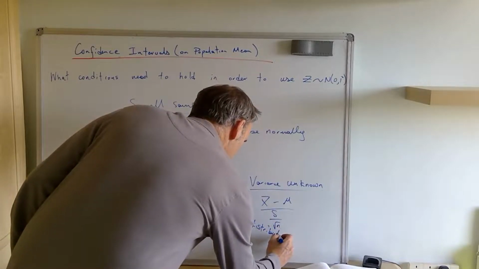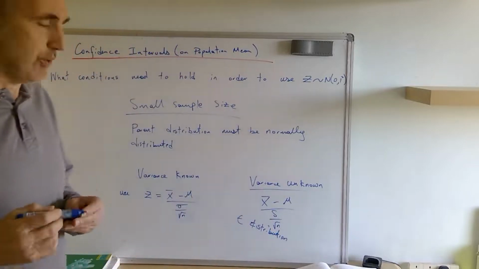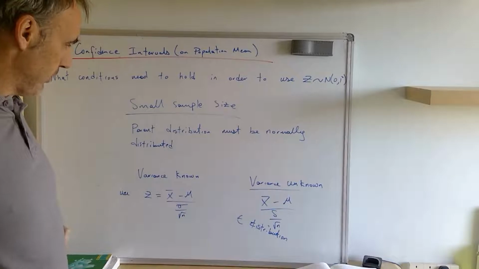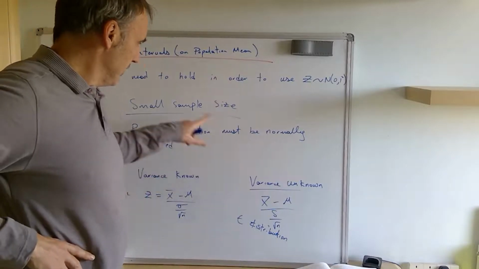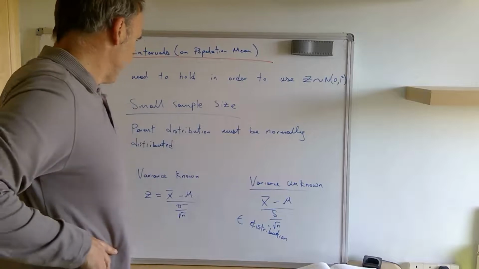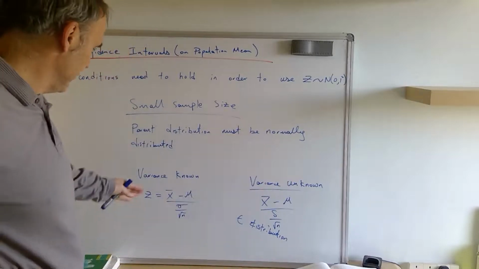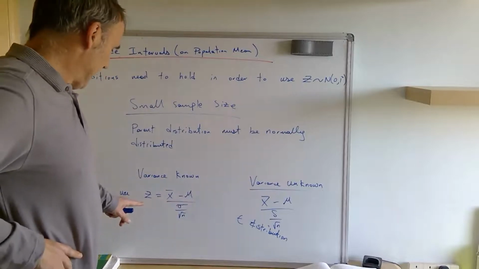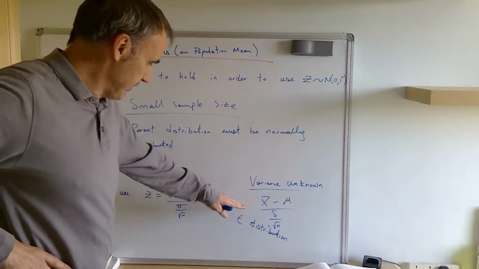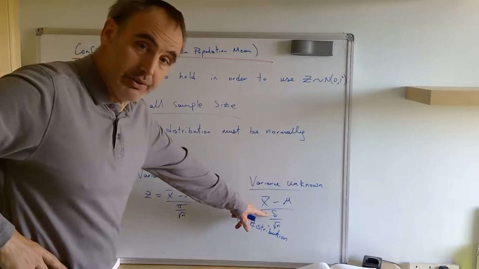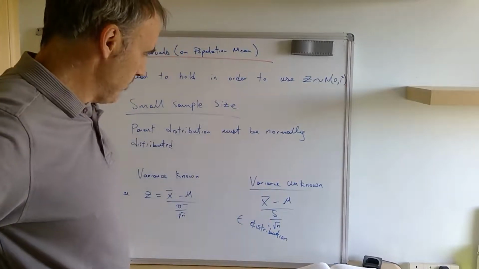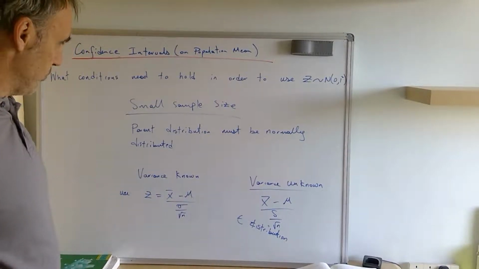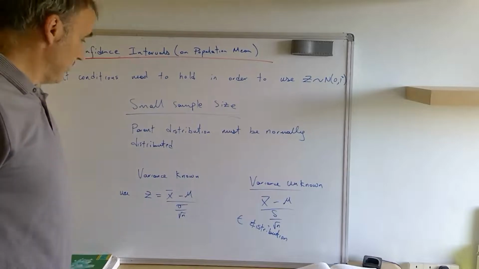If you're doing OCR, which my students are, it isn't part of the course, but it is on other boards. So if the variance is unknown, with a small sample size, even if you've got a normally distributed parent population, this statistic here won't work accurately, because it is not normally distributed. If you're using S as an estimator, it doesn't work. So you end up with this other thing called the t distribution, which won't be covered in this video.